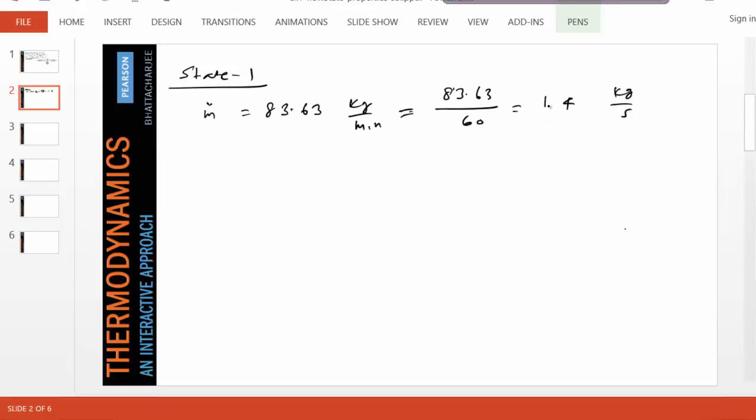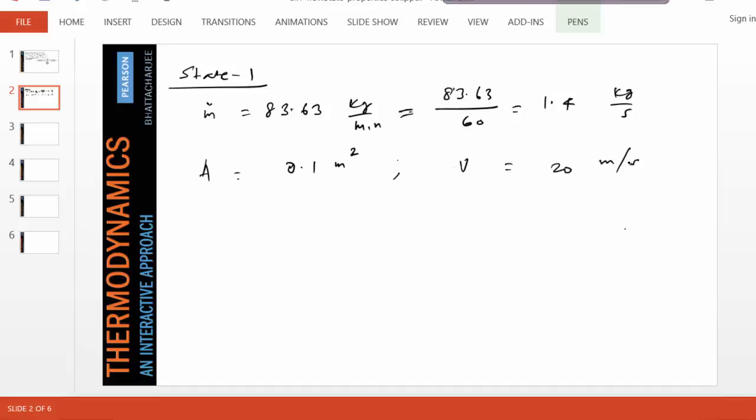Area is given to us, 0.1 meter square. Velocity is given, 20 meter per second.